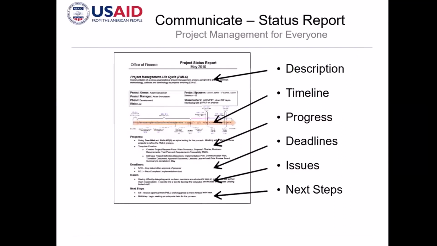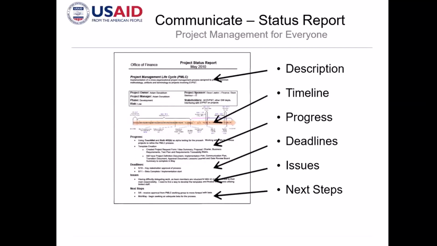You should have a description of what project you're publishing, the timelines, the progress, the deadlines, the issues, and of course the next steps or action items that need to be done during each phase of the project, or as the project progresses, weekly, monthly, after 3 months. So you will have to publish a status report for each of those durations.